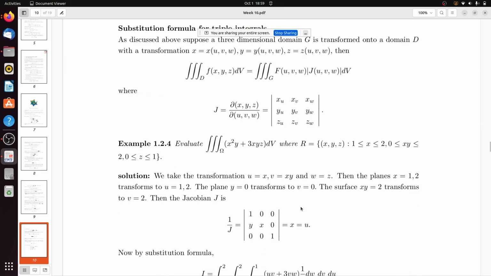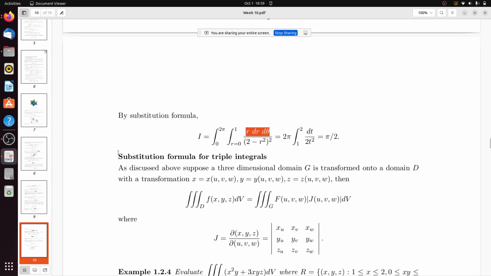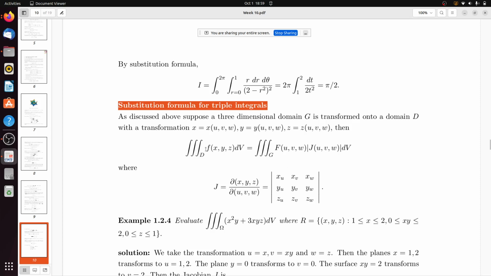Similarly, you can use the substitution formula for triple integrals, and that is quite the same.